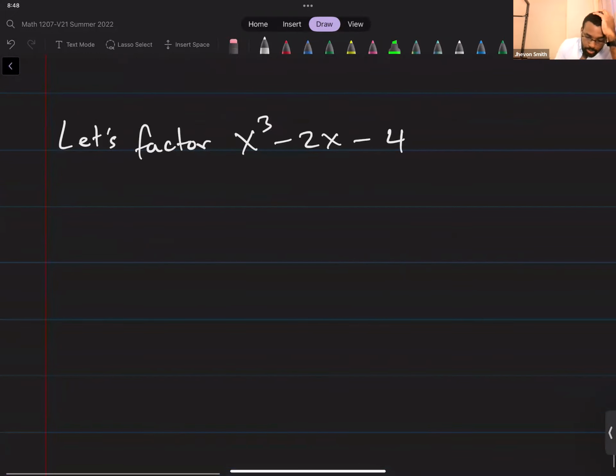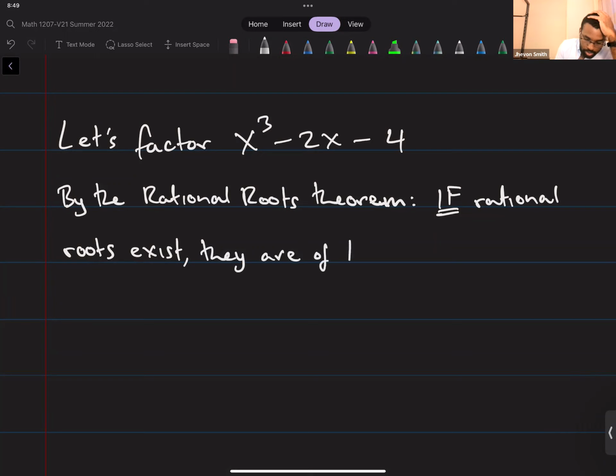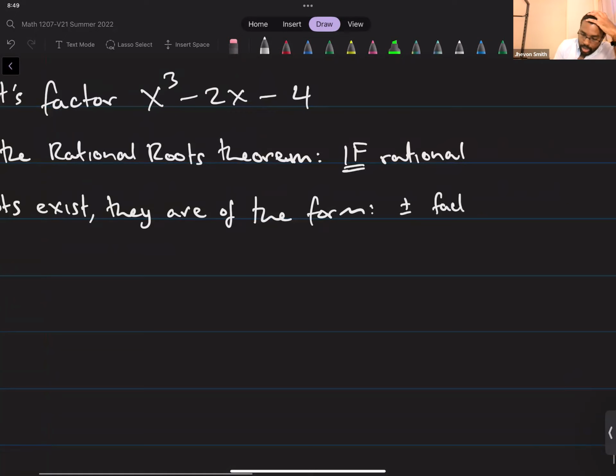So by the rational roots theorem, if, and this is a big if, you don't know a priori, but if rational roots exist, they are of the form plus or minus a factor of the constant term divided by a factor of the leading coefficient.